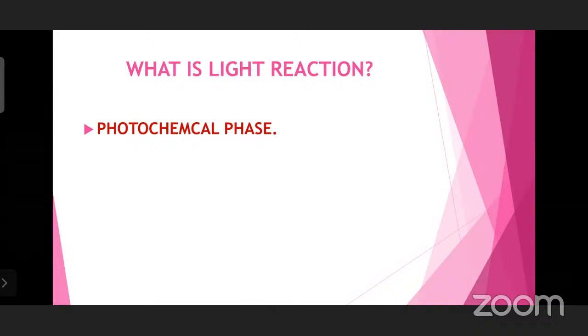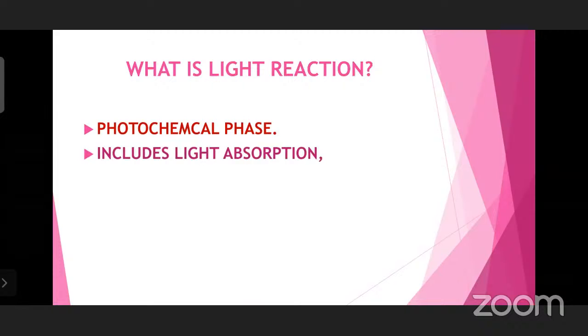So you must be aware of each and every new terminology you come across in this session. This photochemical phase is going to take place in the grana. Grana are nothing but the thylakoids which are located and piled up, and it is also called the thylakoid membrane. In the grana only we have the chlorophyll pigment.